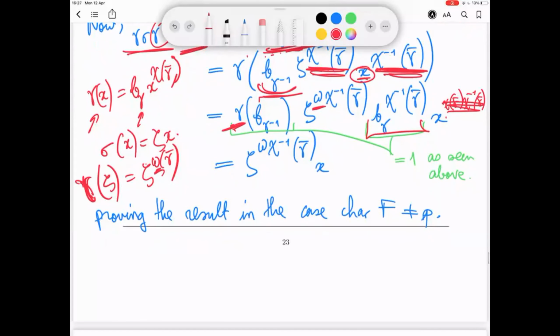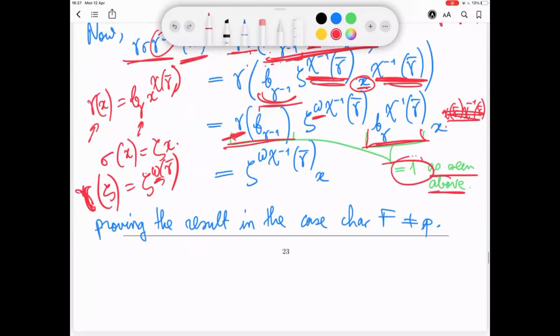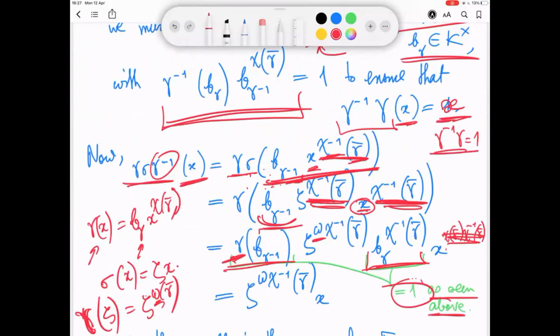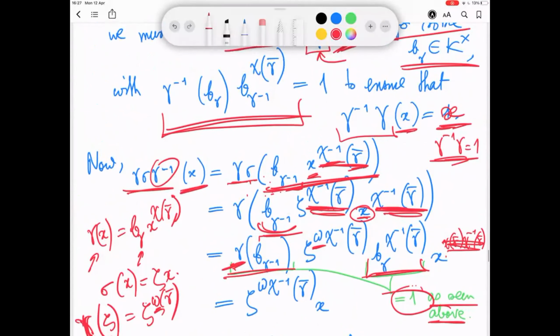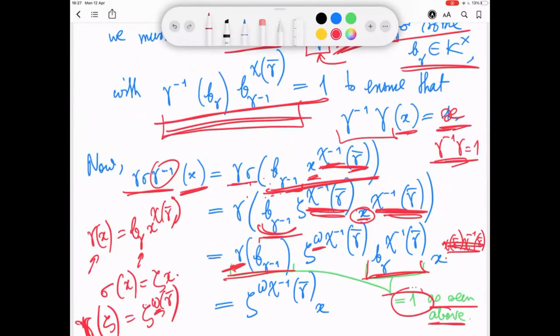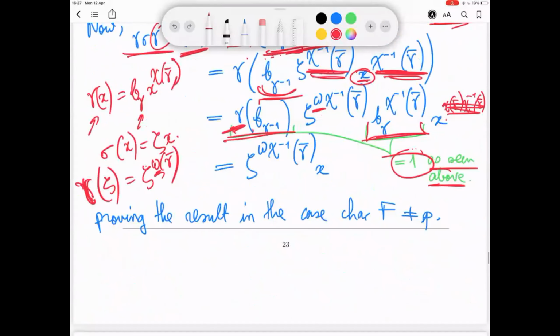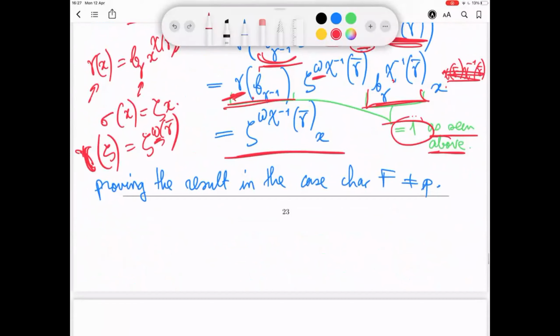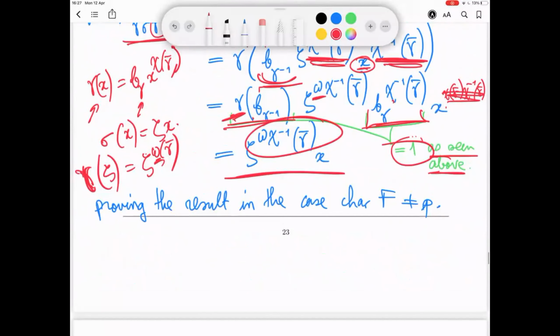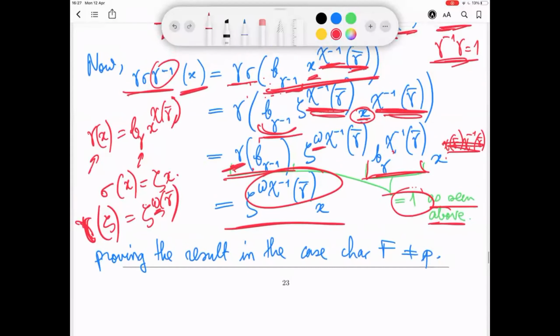And these two terms, their product is equal to 1 because I want gamma inverse gamma to be equal to 1. So we have this relation between the b's. And if these two terms give you 1, then I'm left with just this much. And that's exactly what we wanted to prove, that this is the character which gives the action.